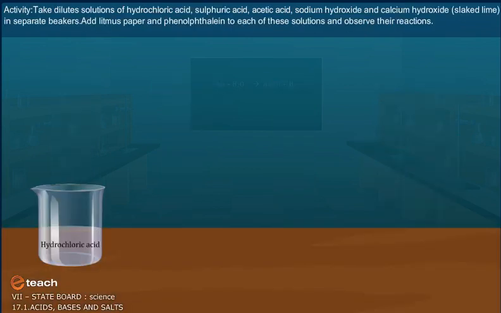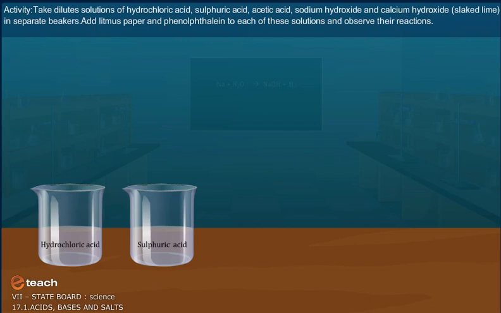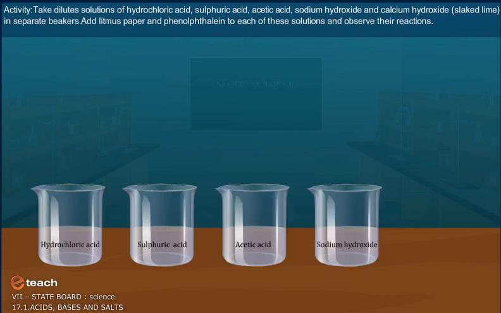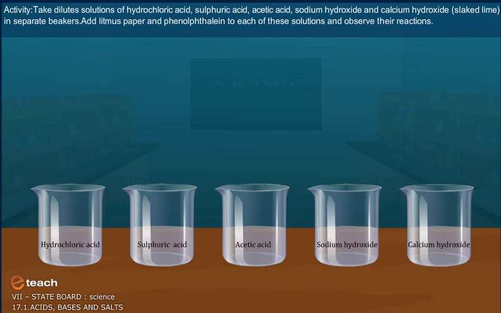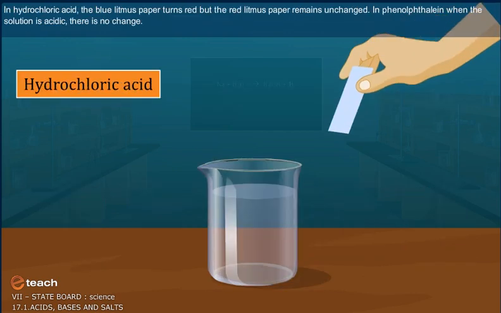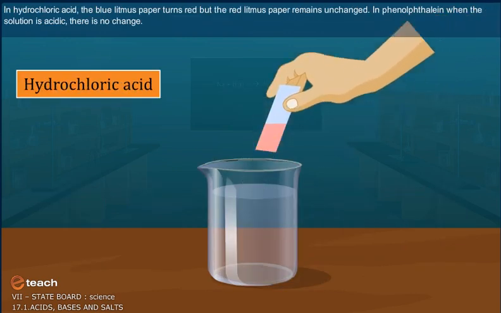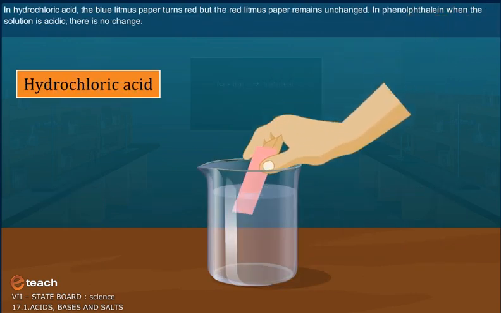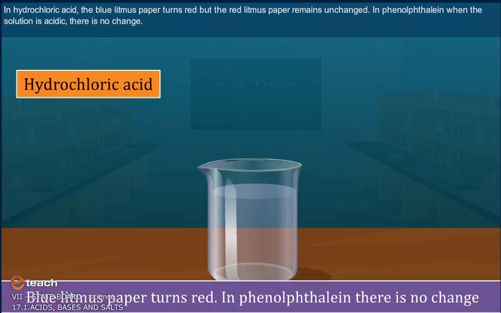Activity. Take dilute solutions of hydrochloric acid, sulphuric acid, acetic acid, sodium hydroxide, and calcium hydroxide, slaked lime, in separate beakers. Add litmus paper and phenolphthalein to each of these solutions and observe their reactions. In hydrochloric acid, the blue litmus paper turns red, but the red litmus paper remains unchanged.